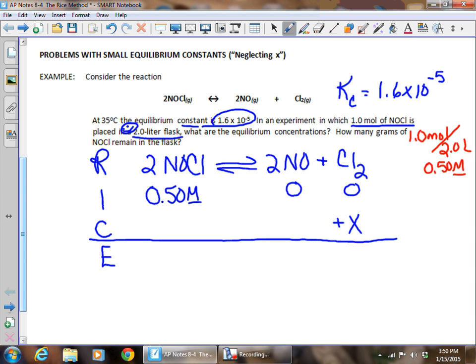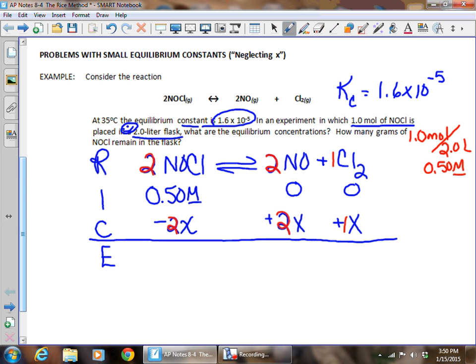And we're going to add in some NO, but think about it: that's going to be 2 times as much that we're going to produce as we get chlorine. And we're going to lose 2x of our reactant. It's going to react, so minus 2x for our reactant. So we're using these coefficients to come up with these values for x. There is an understood 1 in front of the Cl2.